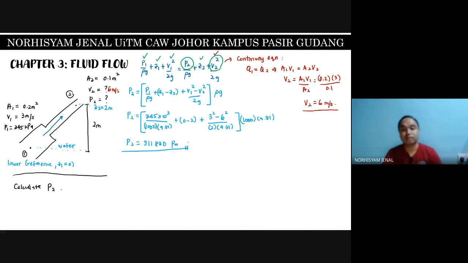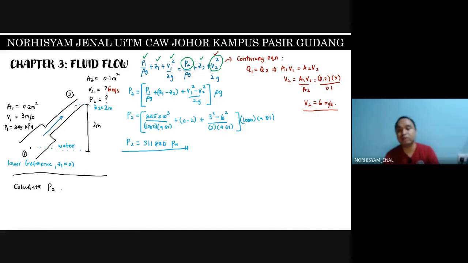All right. So if we can provide the energy equation here, or Bernoulli, we can actually find any parameter that we have in here, as long as we only have one unknown.